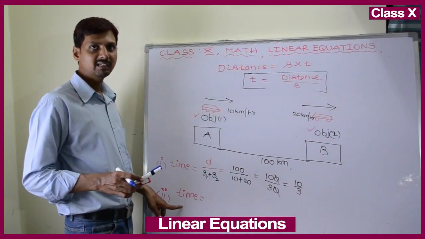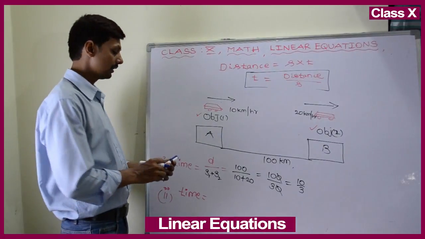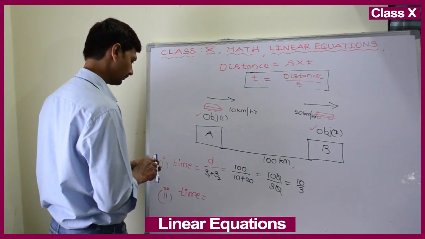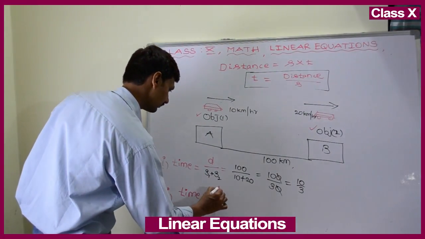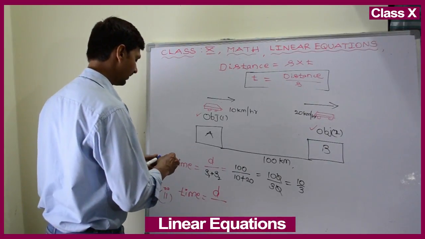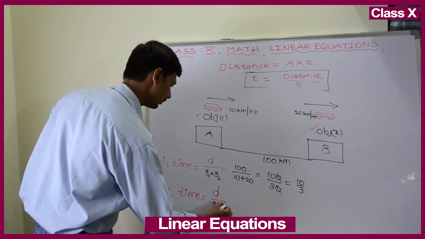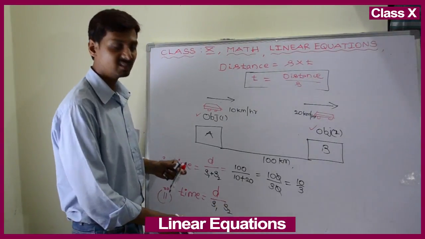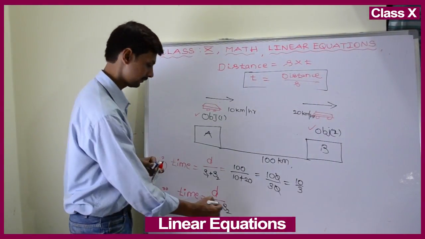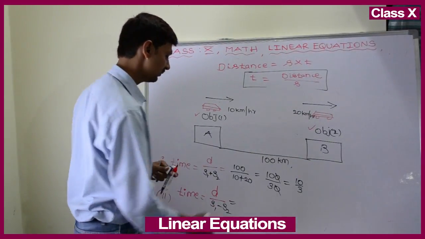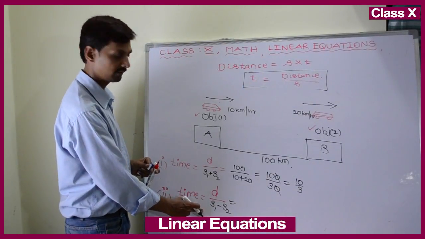Then they meet each other at distance by the difference between the speeds, S1 minus S2, that is highest speed minus lowest speed, distance by difference of the speeds.